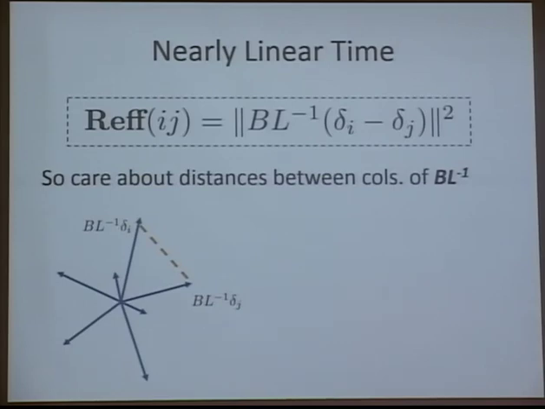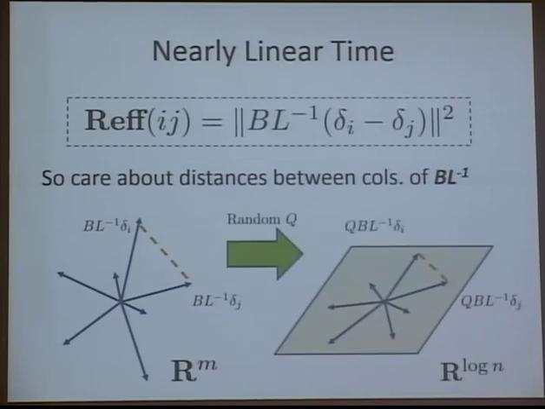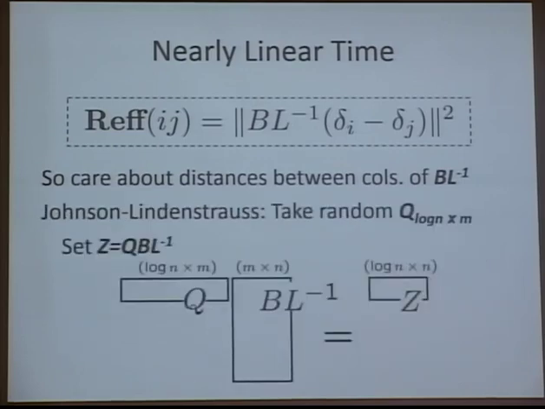So I only care about distances between these vectors, the columns of B L inverse. I'm just going to apply a random projection Q of dimension basically log n, and I project all these into some low-dimensional space. I look at the distances between columns of Q B L inverse, and these are approximately what they should be by Johnson-Lindenstrauss.